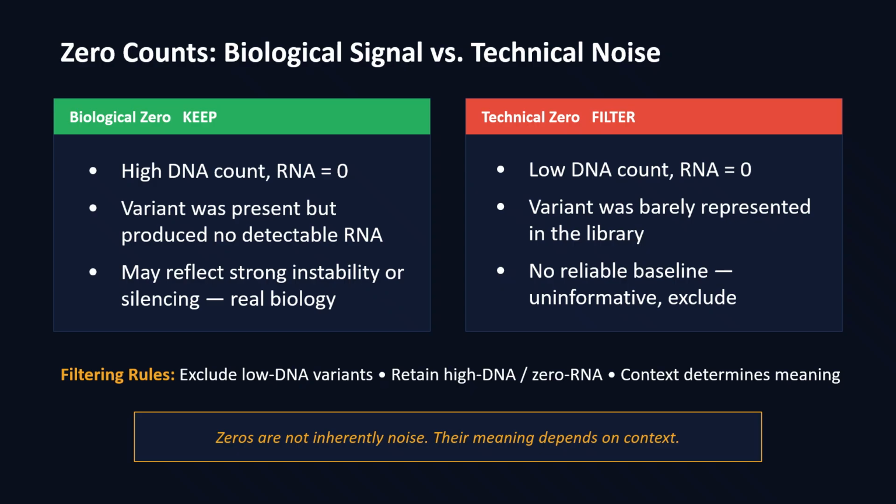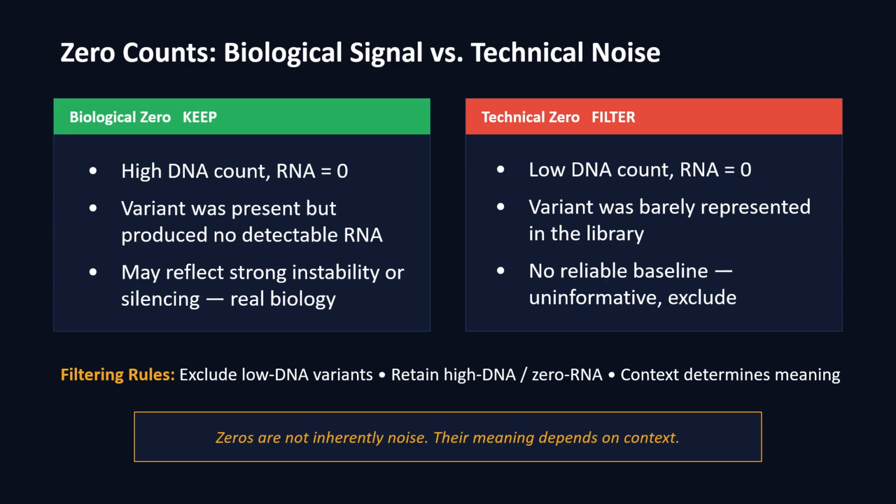So to continue from the previous slide, not all zeros are the same. In MPRA data, a zero RNA count can mean different things depending on the context.